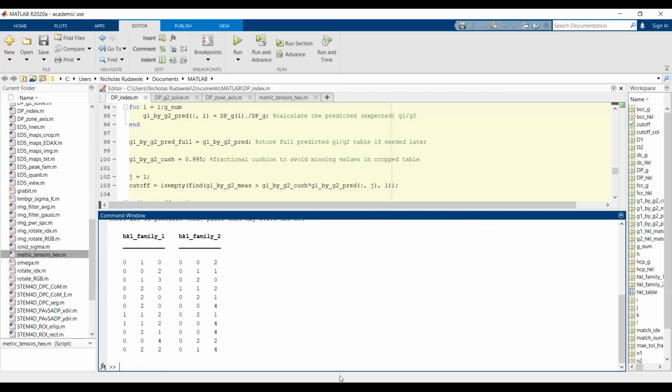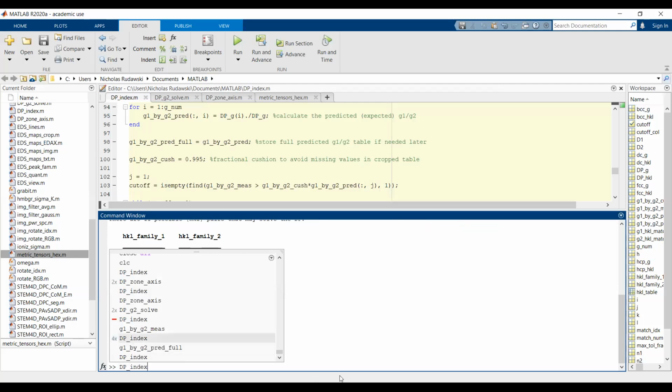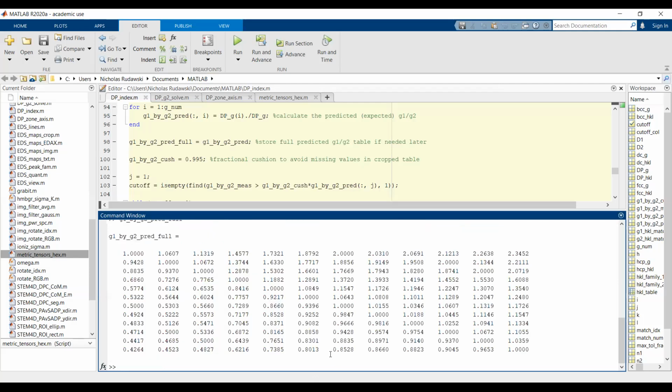Let me pull up the full table again. So there's the full table. If I look here, that would correspond to this entry right here. That is very, very close to where I was expecting it.